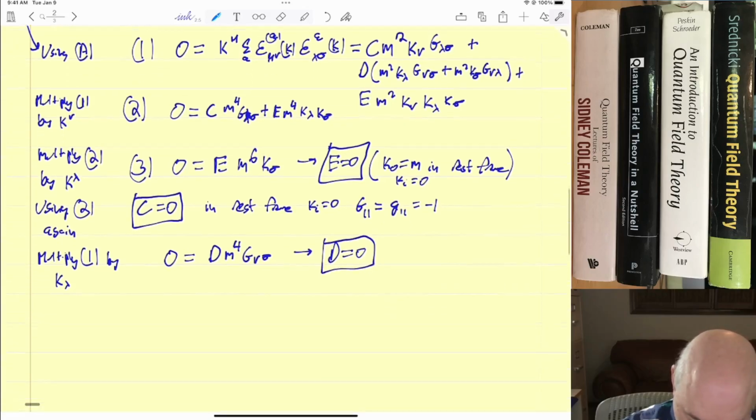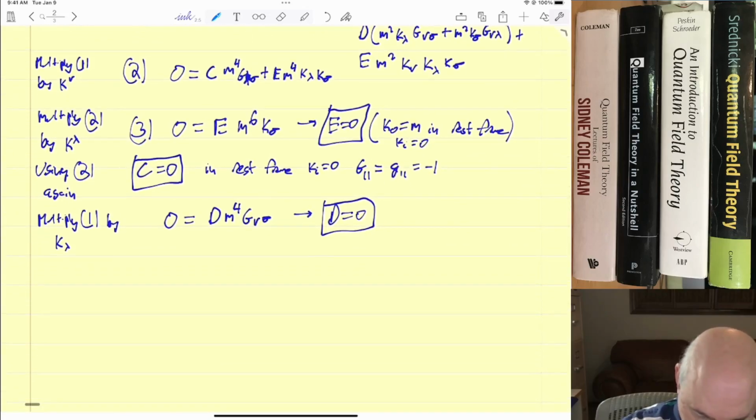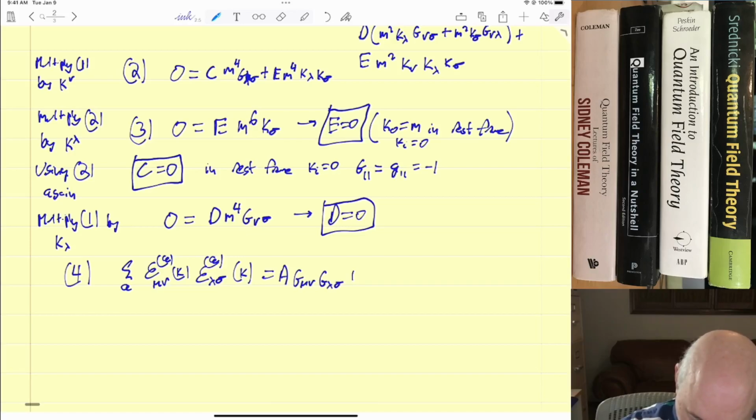That's good. So now let's go back and let's write equation 4. This is where we're at now. Sum over A, epsilon mu nu A k, epsilon lambda sigma A k is equal to A g mu nu g lambda sigma, plus B, g mu lambda g nu sigma, minus g mu sigma g nu lambda.